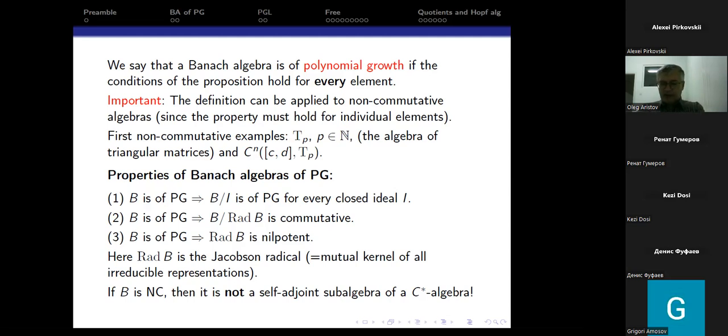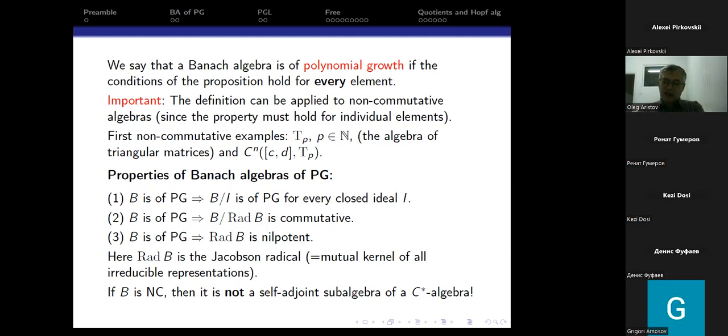First is that if we take a quotient over a closed ideal, then the property of being of polynomial growth is preserved. So if B is of polynomial growth, then B over I is of polynomial growth also. Also, if B is of polynomial growth, then it is commutative modulo the radical.